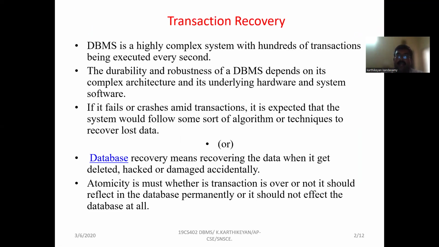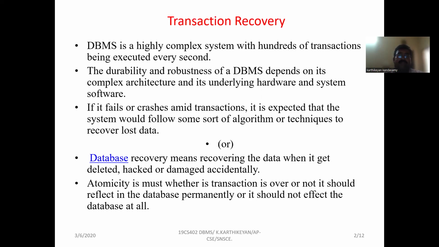The DBMS is a highly complex system with hundreds of transactions being executed every second. The durability and robustness of a DBMS depends on its complex architecture and its underlying hardware and system software. For example, take a banking transaction.